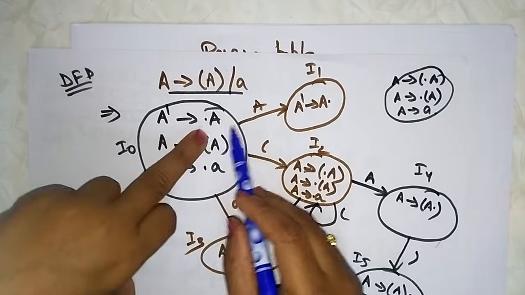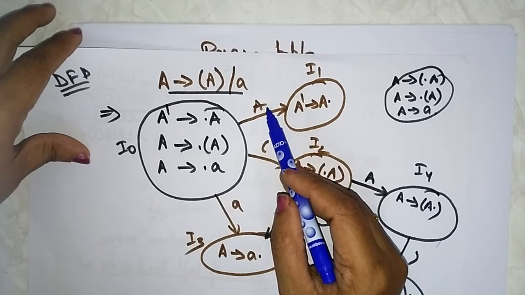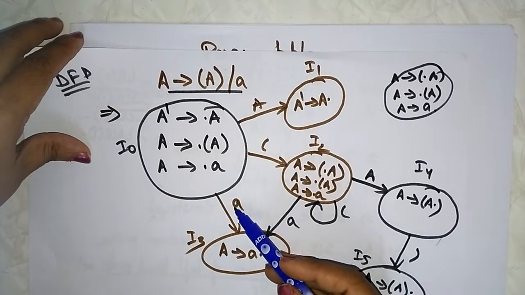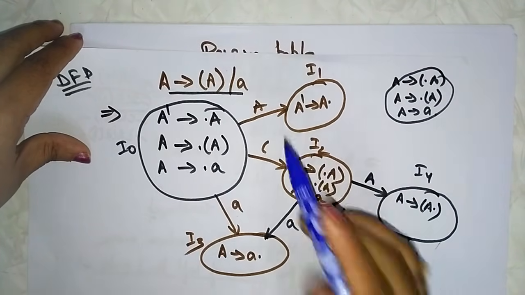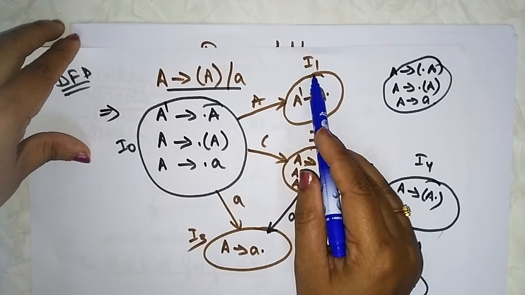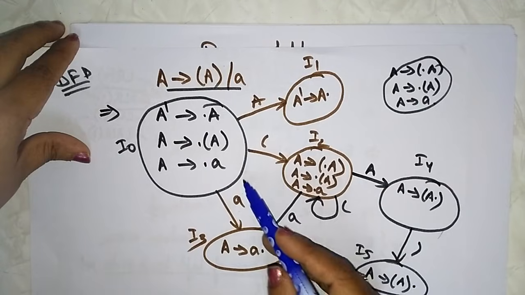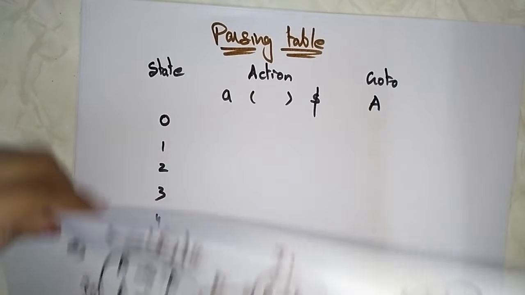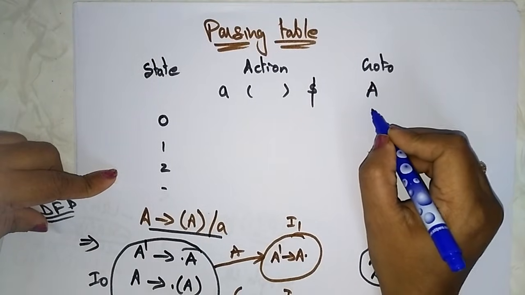I0 on A goes to I1. If it is a non-terminal, you write it under goto; if it is a terminal, it is action, which means shifting. Goto means you just write the state number. Only non-terminals do the goto work, whereas terminals do the action work, which is shifting. So for I0 on A going to I1, you write 1.